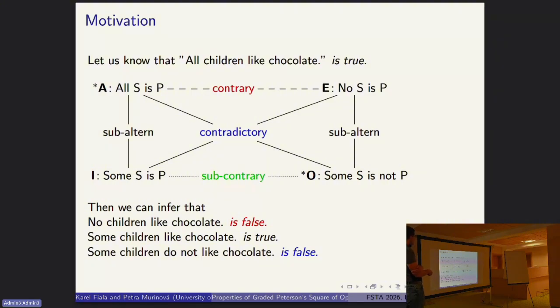We know that all children like chocolate is A, contrary, so we can infer that no children like chocolate is false, because contrary means that both cannot be true. Similarly we can infer that some children like chocolate is true.